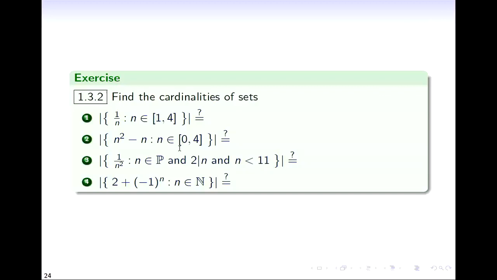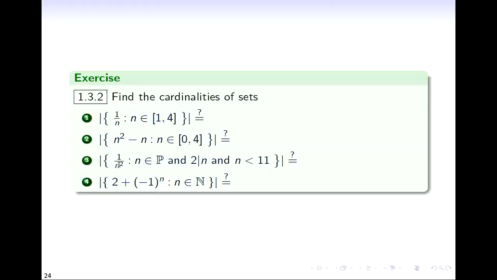But there's one number that is defined twice, namely 0 squared minus 0 is 0, and 1 squared minus 1 is also 0. So when you write down the elements of this set, you would say 0, comma 0 again, which doesn't add anything to the set. And then you've got 4 minus 2 is 2. You've got 9 minus 3, which is 6, and 16 minus 4, which is 12. And this is exactly 4 elements.